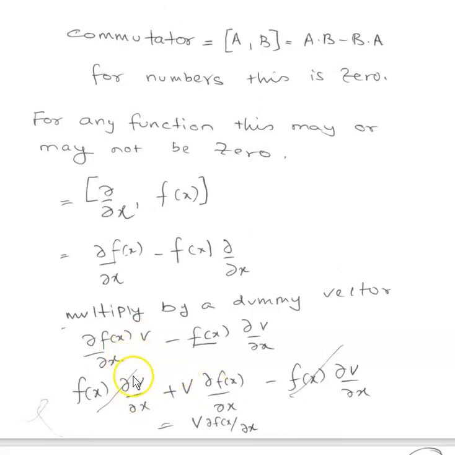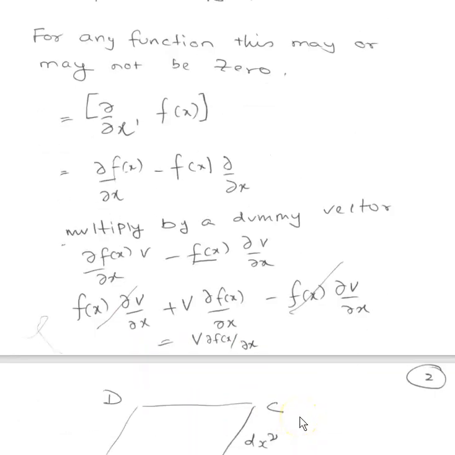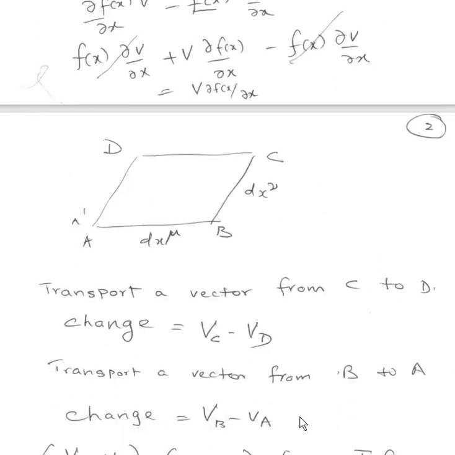It turns into two terms like this, and then the term f(x) times ∂v/∂x cancels out with this one, so you would end up with v ∂f(x)/∂x. That's the commutator. I think that's pretty understandable.